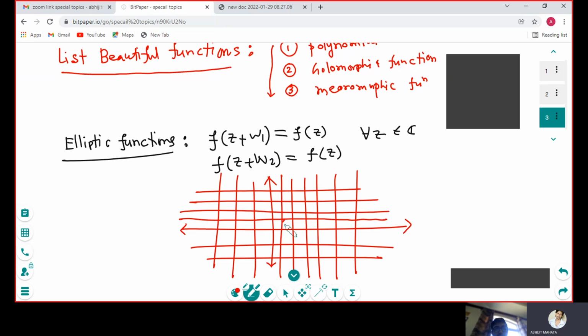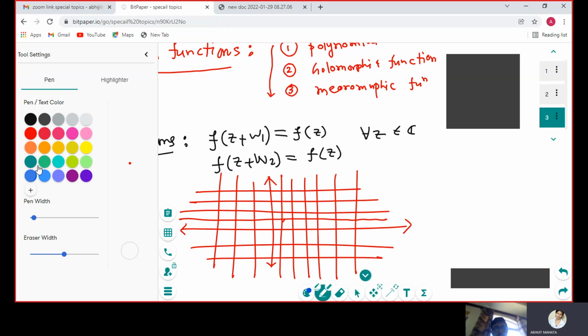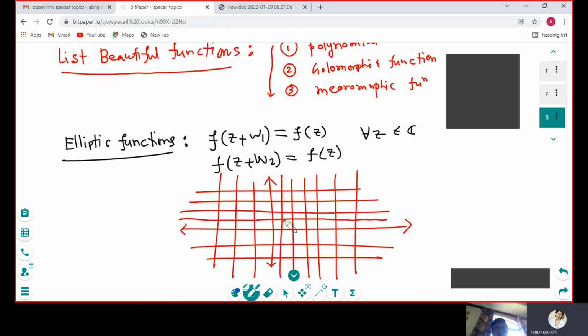So you can think, okay, this box is your principal box, right? But here, if you have two complex numbers w1 and w2, of course, w1 is not a multiple of w2, otherwise they are lying on the same line.